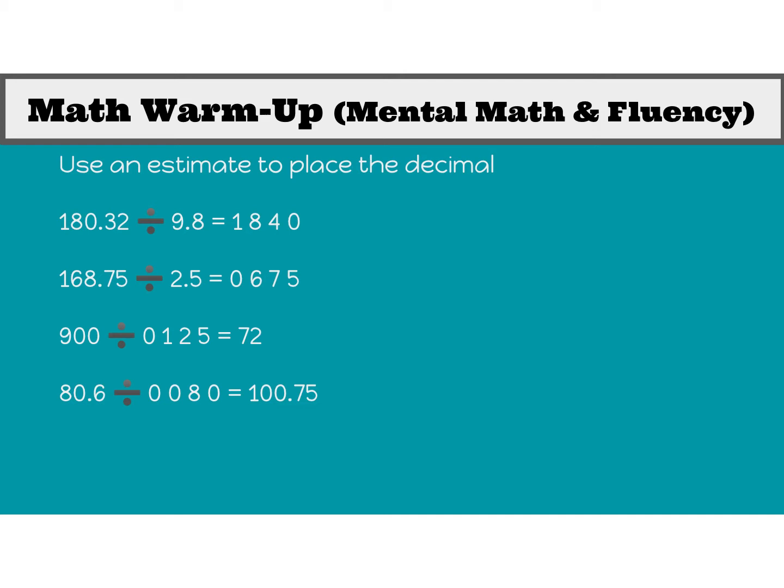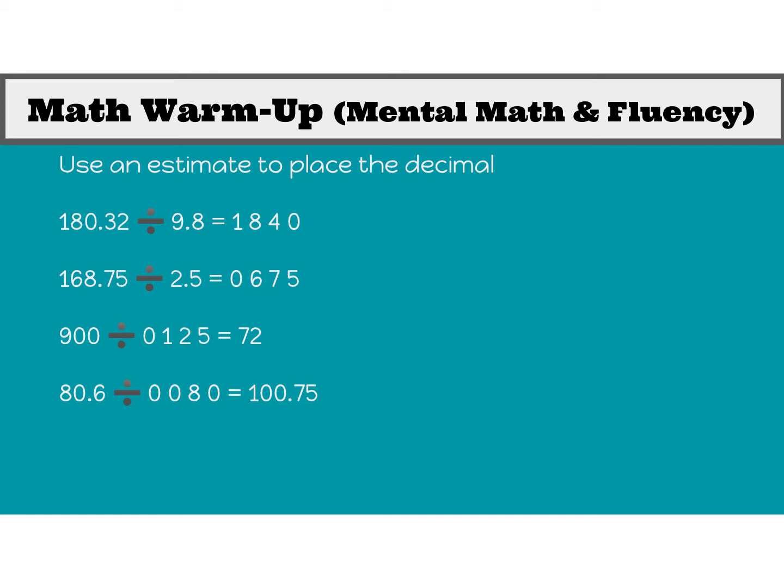So if we take a look at the first problem, we have 180 and 32 hundredths divided by 9 and 8 tenths. So if we were to estimate for that, we would probably say 18,032 divided by 98.